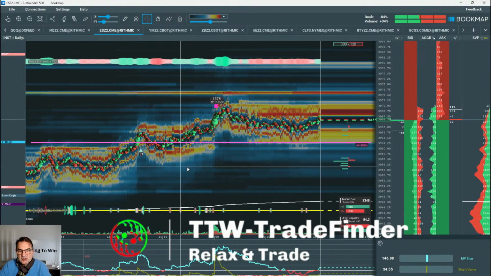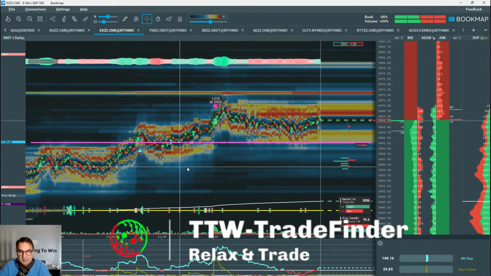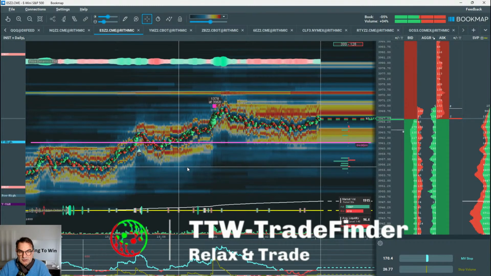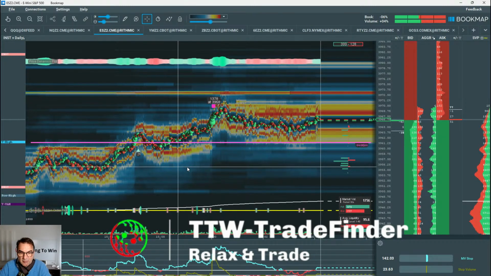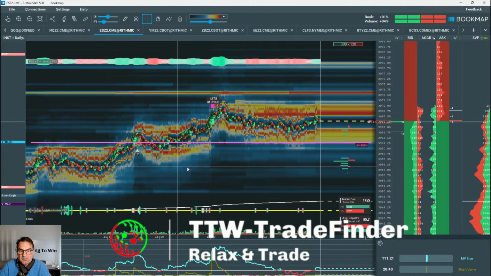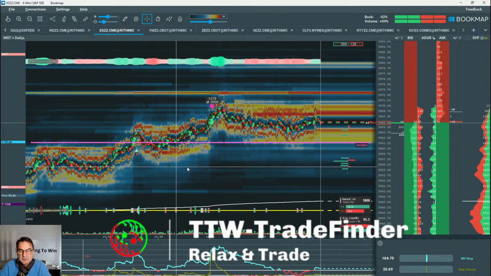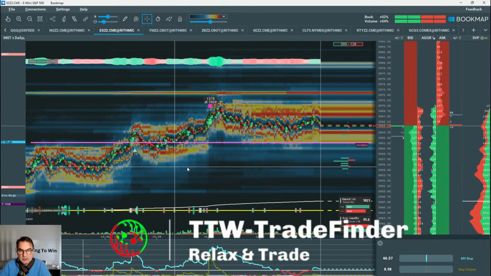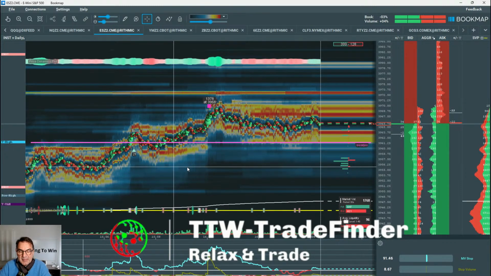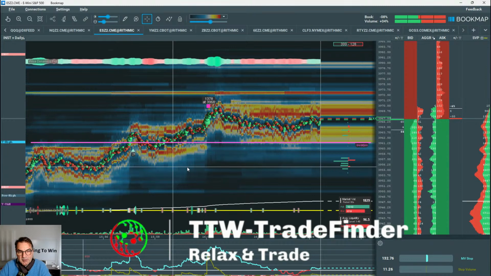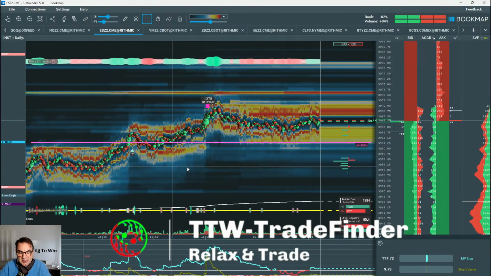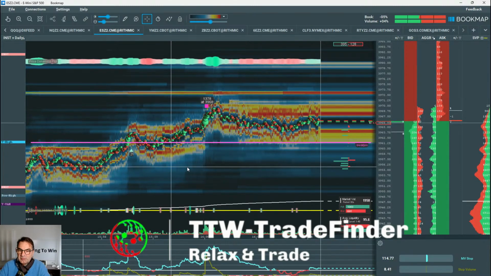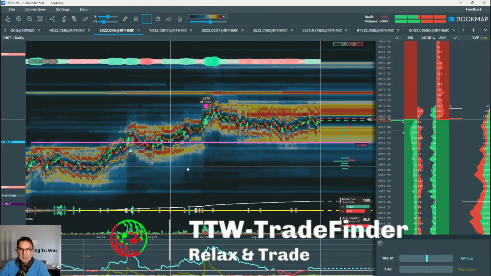When you install a jar file for Bookmap, simply overwrite it. You can save the previous jar files, the add-on files, however. This is because Bookmap is written in Java. Simply replace the jar file. Don't rename it, don't do anything else. Simply copy and paste.